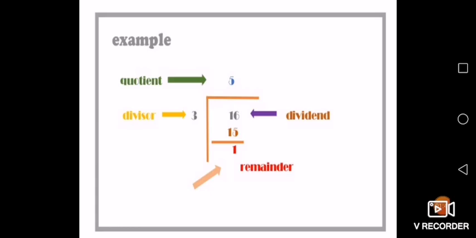Now in this example, you can see all the arrows. Quotient is 5, divisor is 3, dividend is 16, and when we divide 16 by 3, we'll get 1 as a remainder. I hope all these terms are clear to you all.